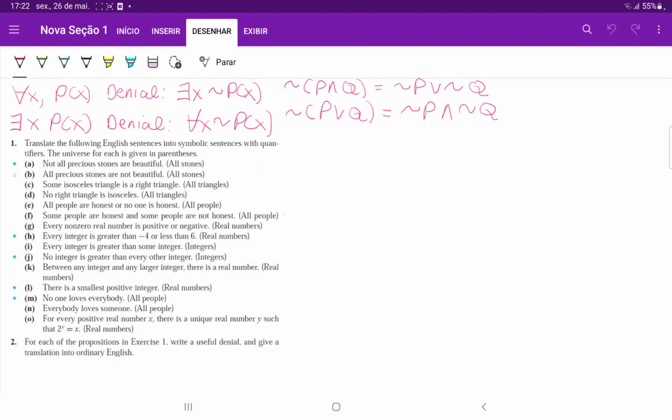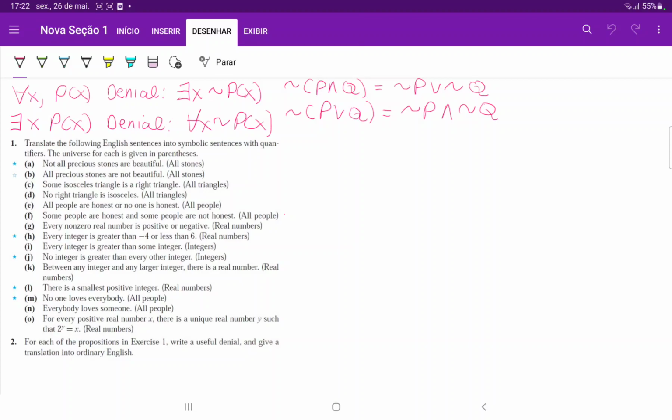So A, we're saying not all precious stones are beautiful. And this is actually saying there exists a precious stone that is not beautiful. So we're denying an existential, and therefore we're using the universal. Let me just fix my font here so that you guys can see.